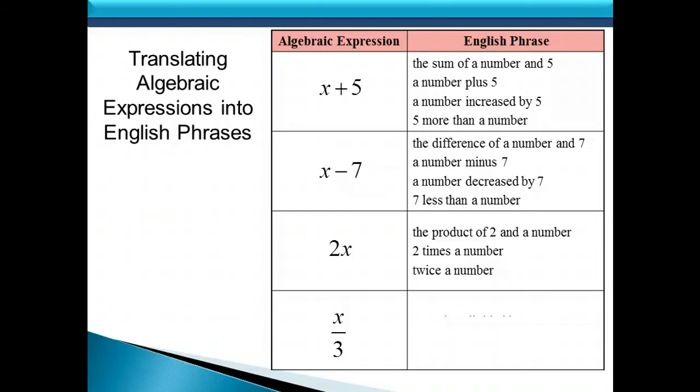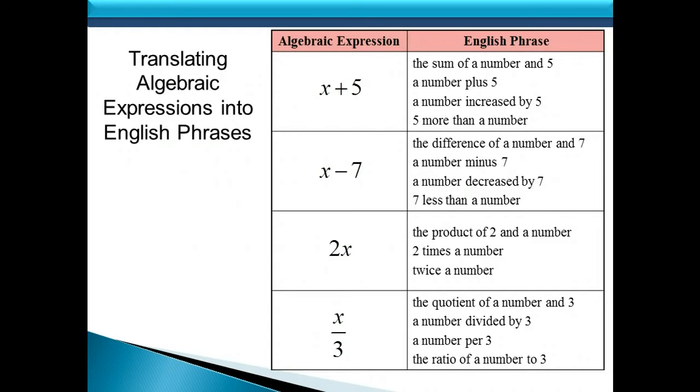Here's our last one, x over 3 or x divided by 3. We could say that this is the quotient of a number and 3, or a number divided by 3, a number per 3, or the ratio of a number to 3.